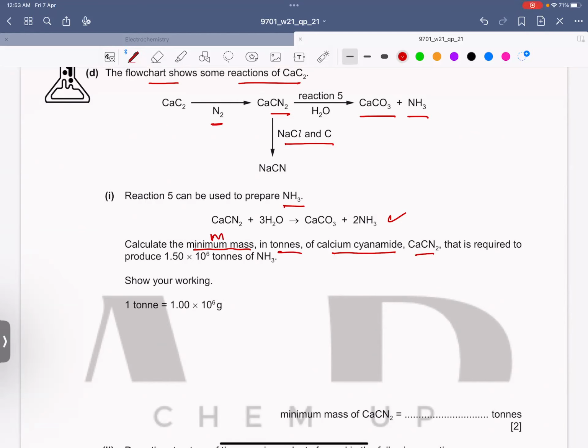Calculate the minimum mass in tons of calcium cyanamide that is required to produce 1.5 × 10^6 tons of ammonia.